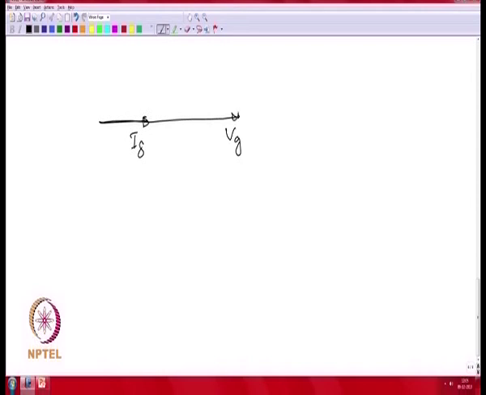Then at fundamental frequency your voltage drop is j omega L times I, and I is 1 per unit, say Vg is 1 per unit. So you have a voltage drop of 0.2 per unit, assuming L is 0.2. Then the inverter voltage Vi would actually be 1.02 per unit. So it is not very different from Vg if you are operating at unity power factor.